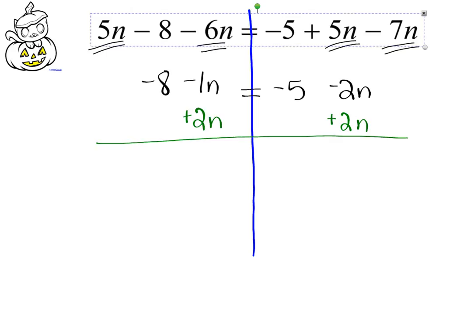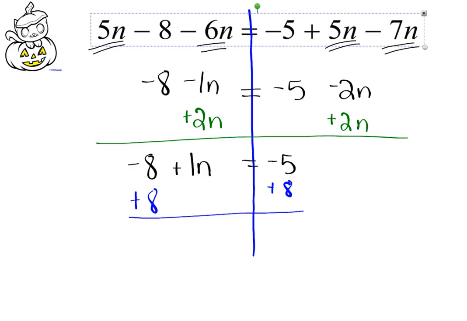So this is negative 8 plus 1n equals negative 5. This now looks like a two-step equation we've already been used to. I'm going to add 8, and I get 1n is equal to 3. There's my answer. n is equal to 3.